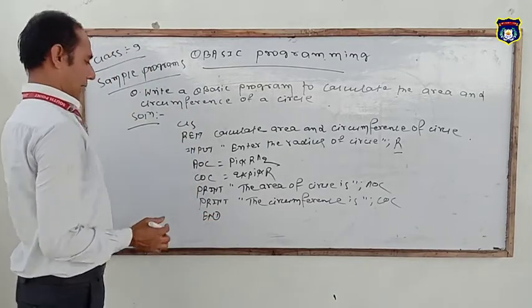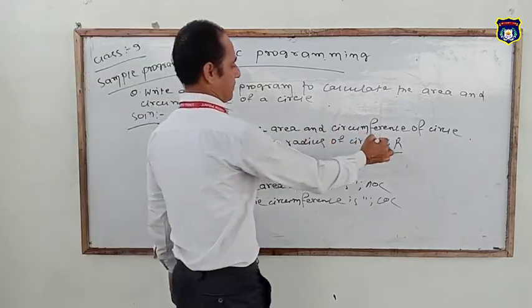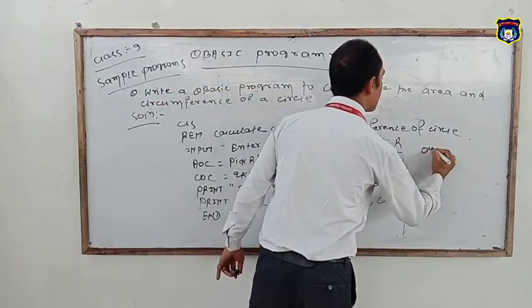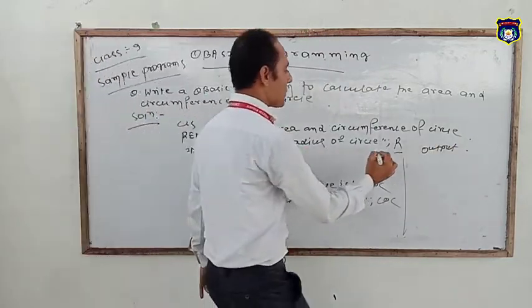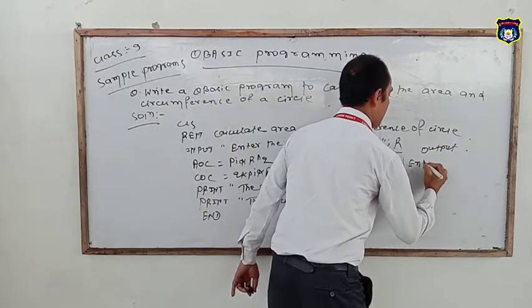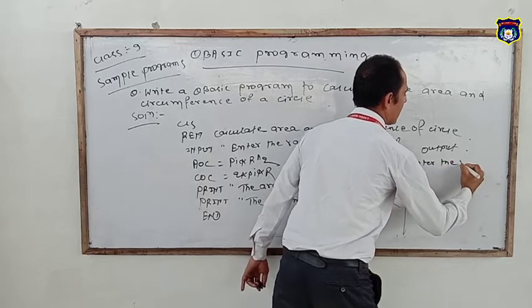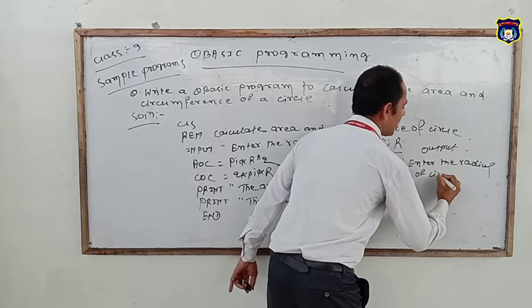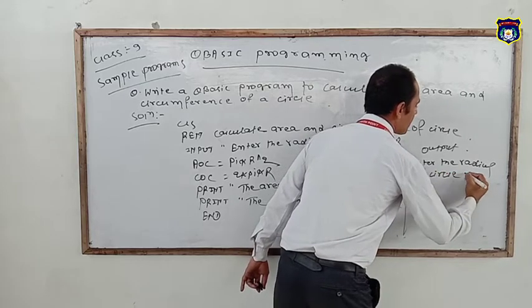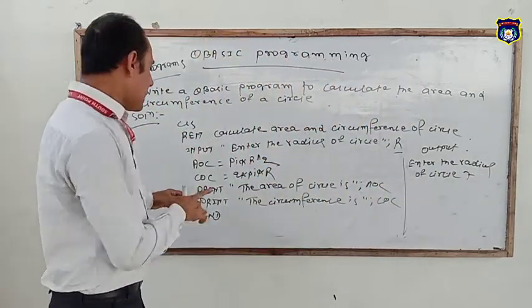When we run this program, it will demand: enter the radius of circle. Suppose we enter 7.